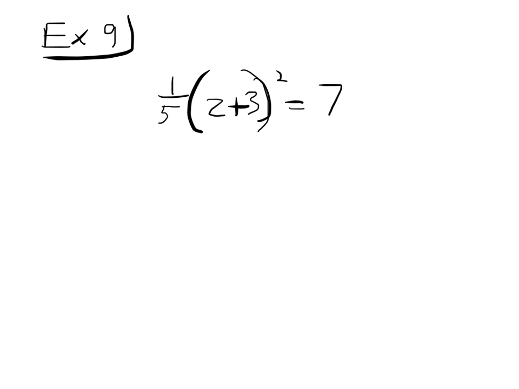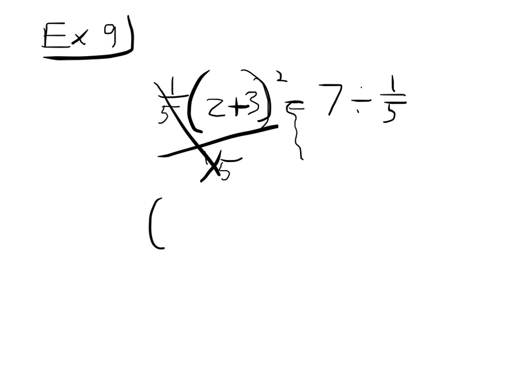This left side is being multiplied by 1/5, so we should undo that multiplication first. It's being multiplied by 1/5, so we need to divide by 1/5. That's going to cancel, which leaves me with z plus 3 squared is equal to.